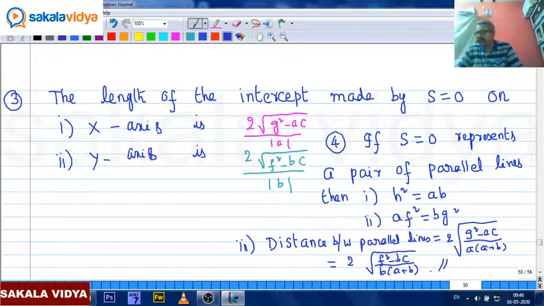So if S is equal to 0 represents a pair of parallel lines, then h square is equal to ab, second, af square is equal to bg square. Distance between the parallel lines is 2 root of (g square minus ac) by a into (a plus b), or 2 root of (f square minus bc) by b into (a plus b).